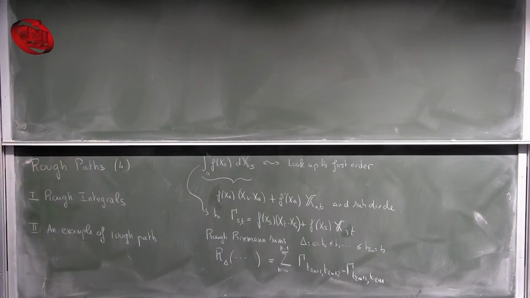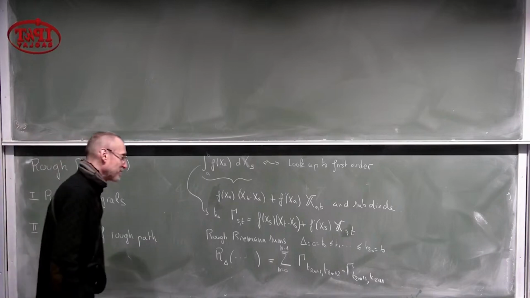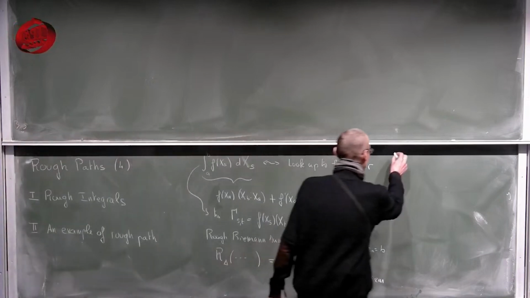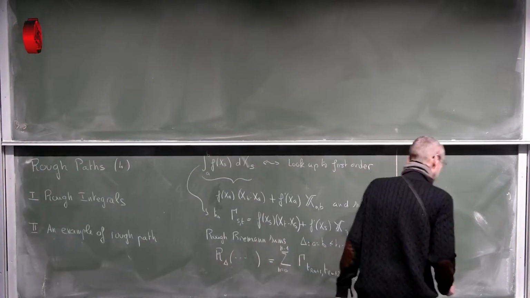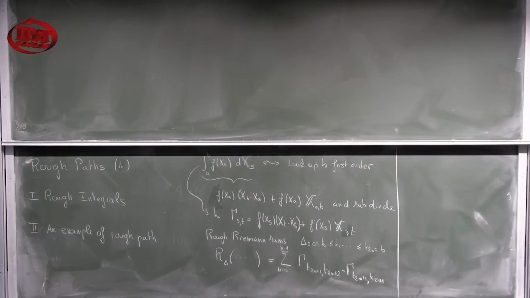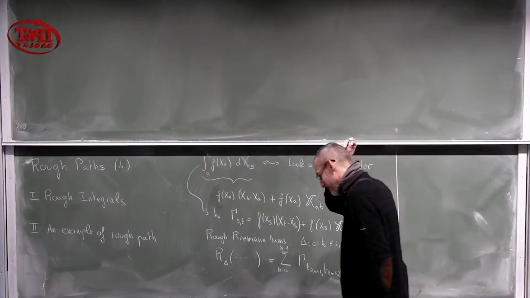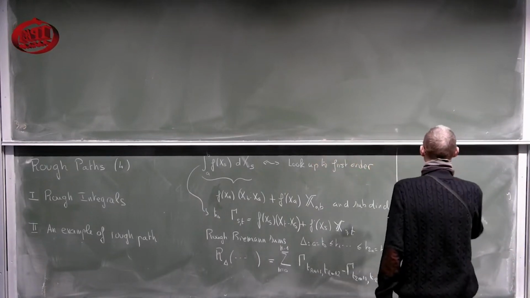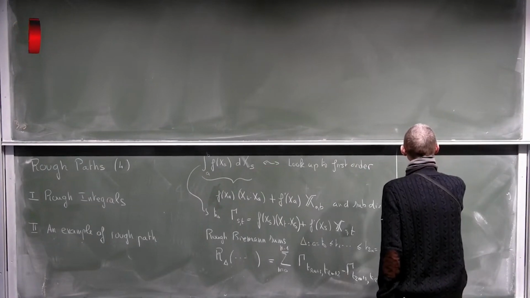Before doing that, I would just like to make a small observation, something we are not totally used to thinking about when you think about Riemann integrals or even the Young integral.